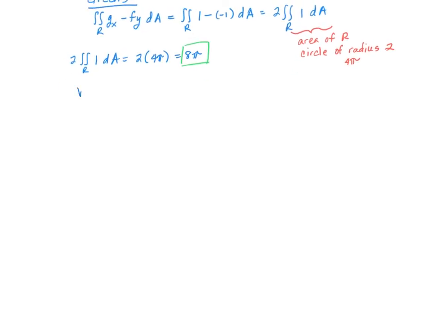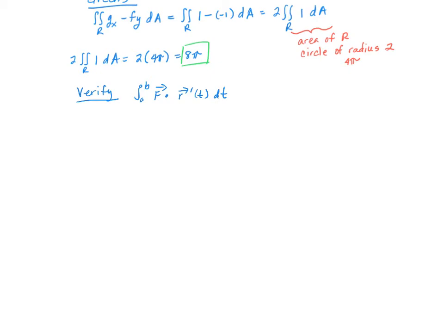Let's verify using our line integral from our previous section. So remember, this is the integral from some a to b of our vector field dotted with, and I'll write it this way, the derivative of the curve r, dt.